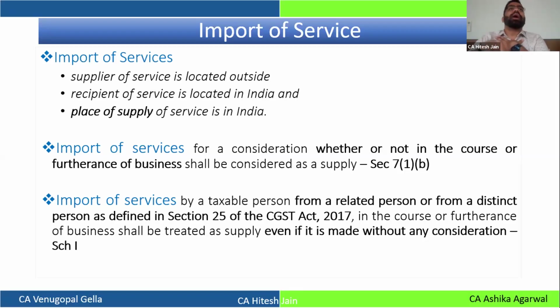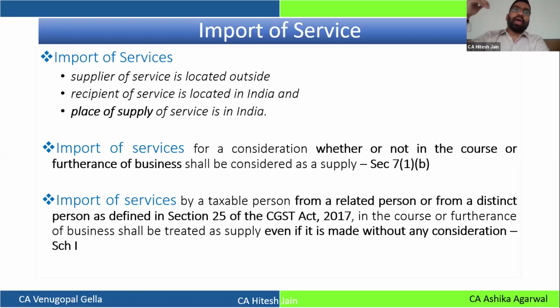So what is this saying? Import of services by a taxable person from a related person, or from a distinct person as defined in section 25, in the course of furtherance of business, shall be treated as supply even if it is made without any consideration.